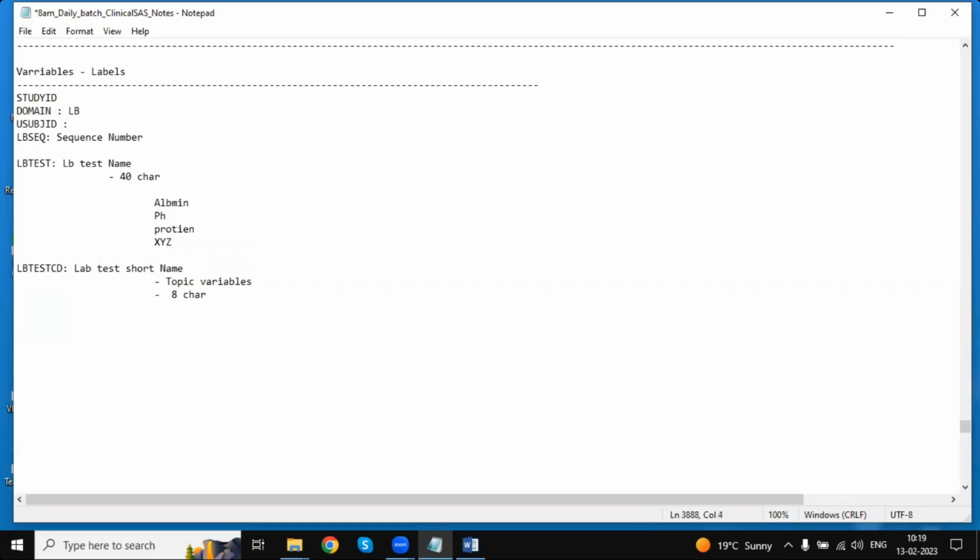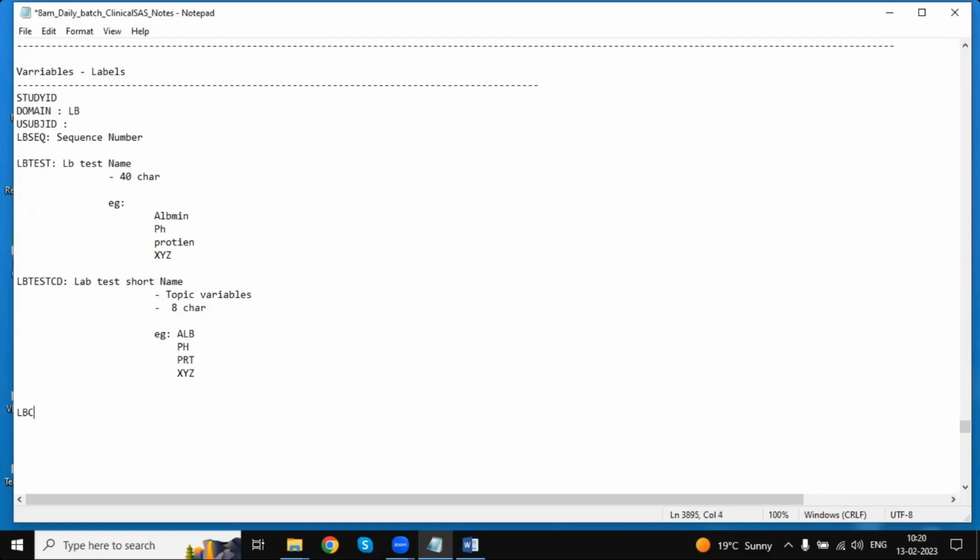The same test short name will be captured here. Short names like ALB, pH, protein PRT, maybe XYZ. These test names will come according to the categories. Under each category, you have different test names.